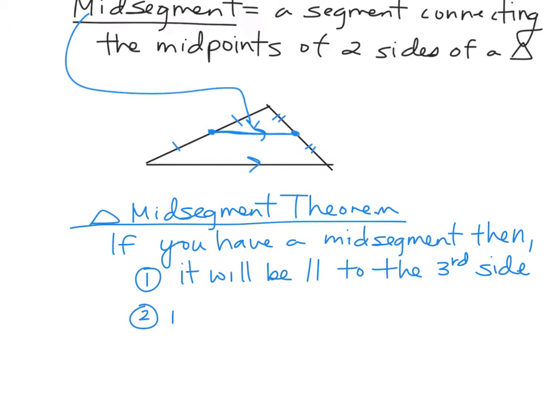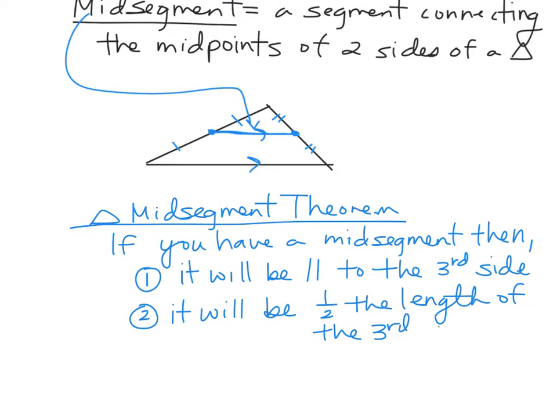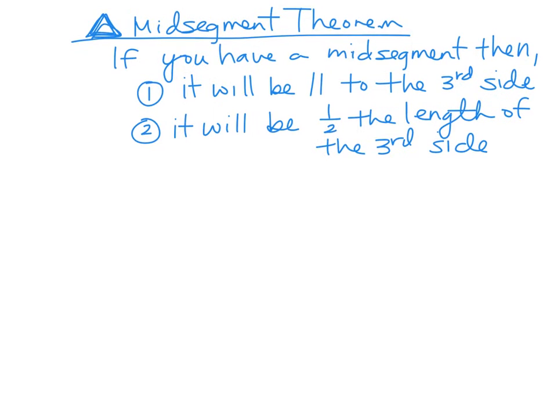And two, it will be 1/2 the length of the third side. Okay, so that's the triangle midsegment theorem. So what we're going to do is take a look at those two ideas with a few different examples. Okay, so first example looks like this.